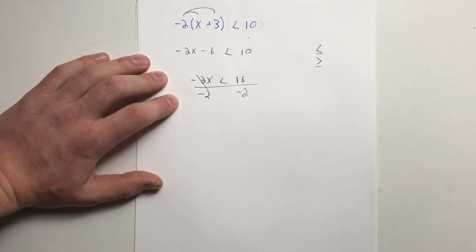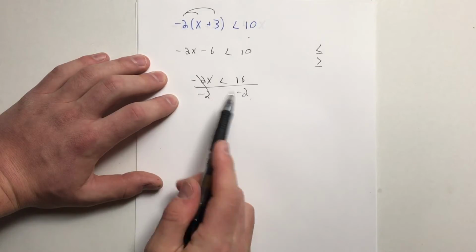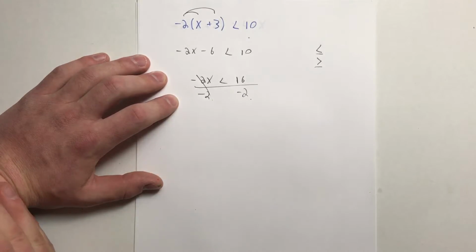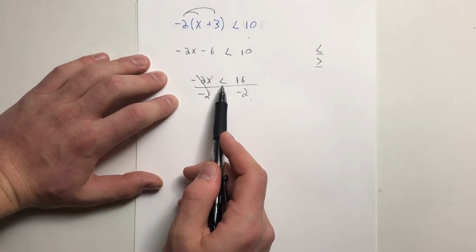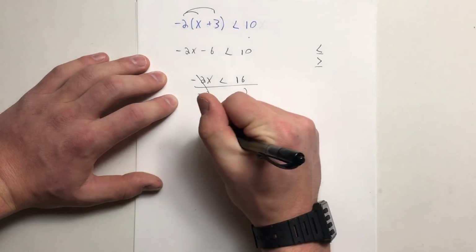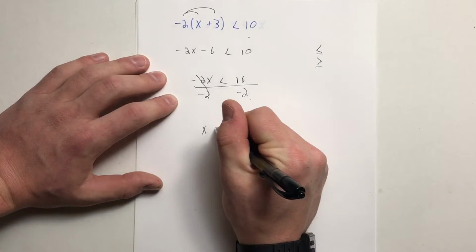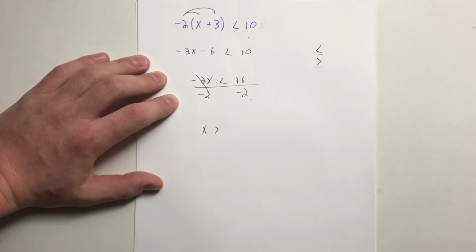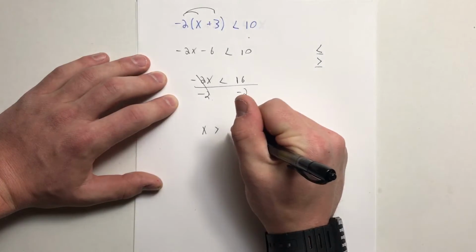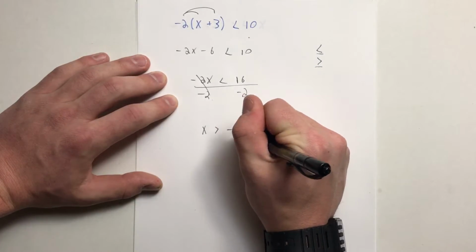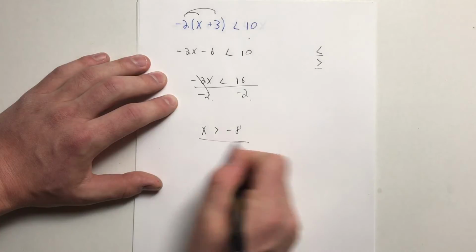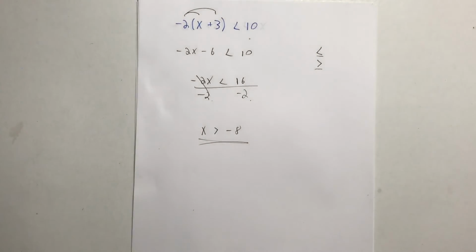Now, I divided by a negative 2 across this sign, so that means that this sign needs to change directions. It needs to flip. So we have x is now greater than, and then 16 divided by negative 2 is negative 8. So that's going to be our final answer there.